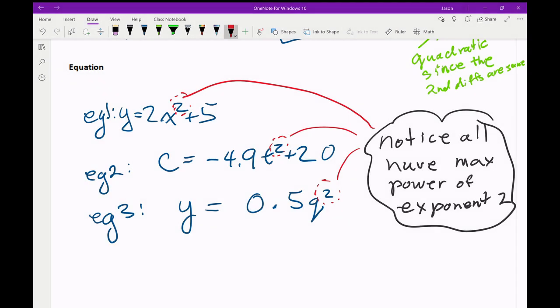Just like I said, anytime we talk about this, a quadratic or a parabola is identified by the powers of 2 that exist on each of these equations that we have here. So notice the 2, and the 2.